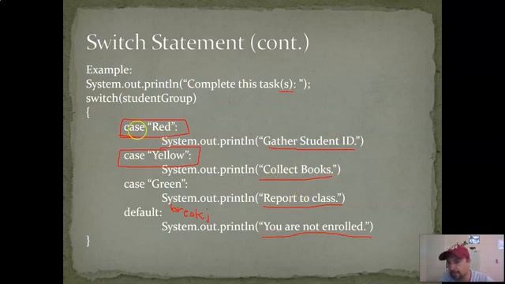Because it wasn't true before yellow, so we didn't do any of these commands. But once yellow is true, we're going to do everything until we hit a break or until we're out. So they would be collect books, report to class. Green would only be report to class. If you're none of those things, you would go to the default, you are not enrolled. All right, that's it.